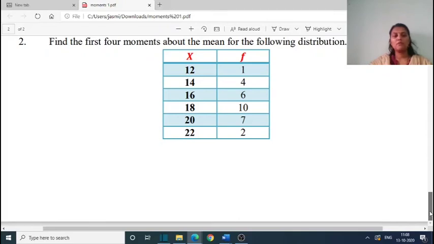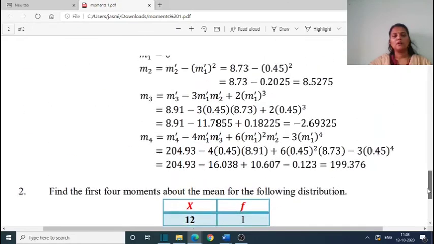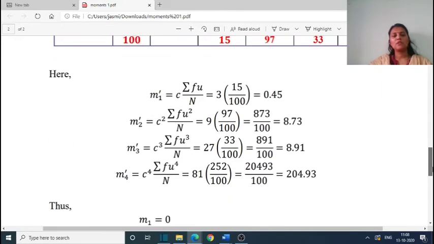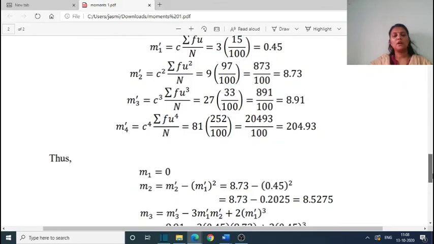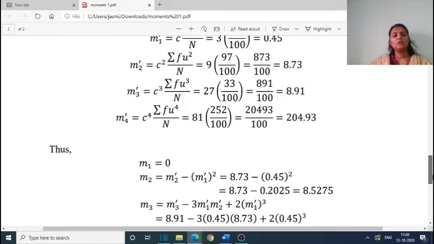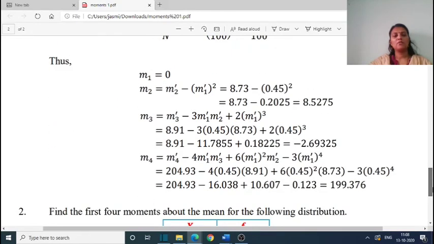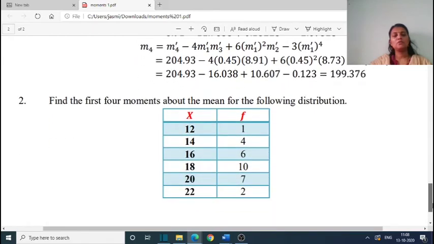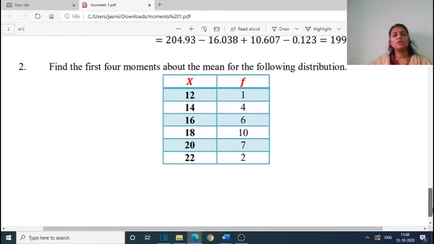So you have to find capital N. Then find m1 dash, m2 dash, m3 dash, m4 dash, using the same formulas, and then use the formulas for m1, m2, m3, m4, substituting the m1 dash, m2 dash, m3 dash, m4 dash. You get m1, m2, m3, and m4.